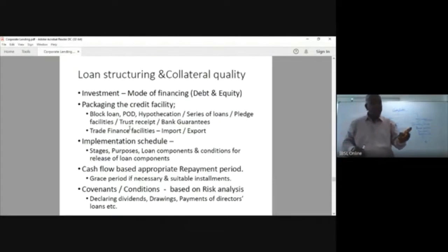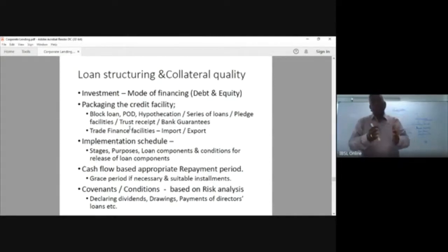In the case of consumer credit, it is straightforward. He may want a car loan, just a car loan. Or he may want to purchase a washing machine or a TV, or send his children abroad for higher education. So the credit facility is straightforward. Even in the case of small and medium business loans, it is straightforward.